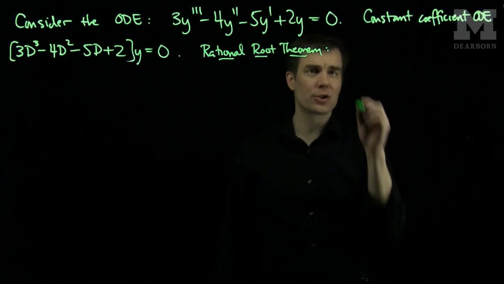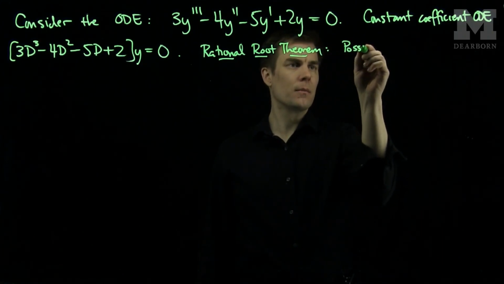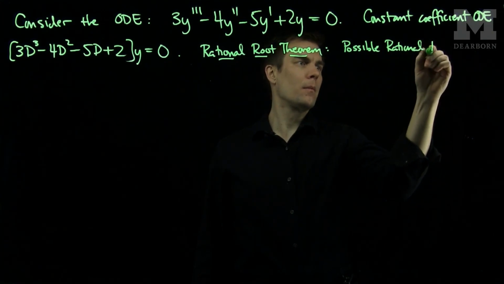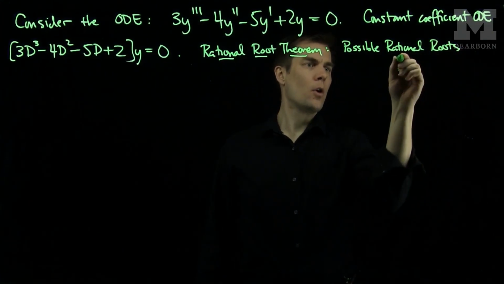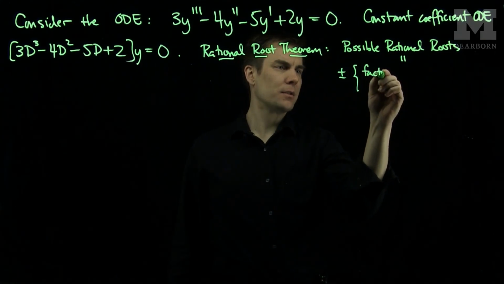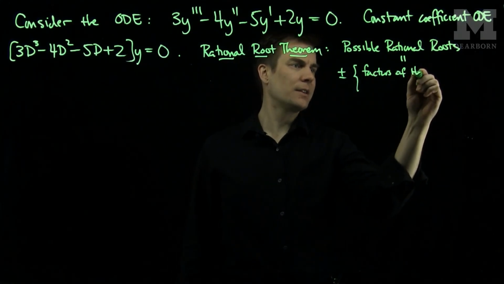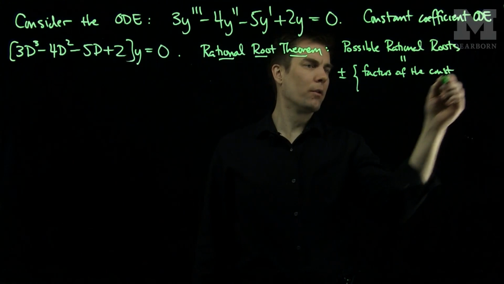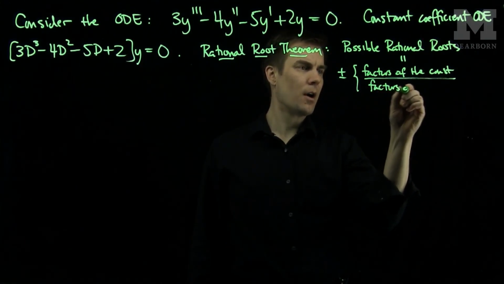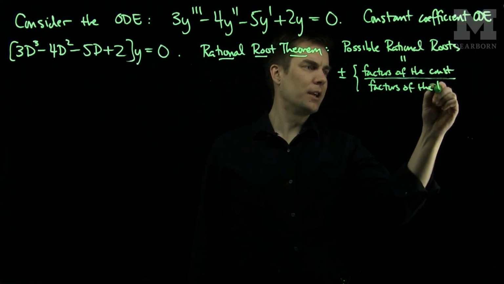that the possible rational roots will be plus or minus the factors of the constant coefficient over the factors of the lead.